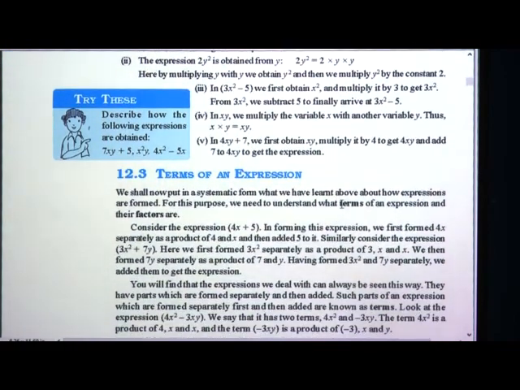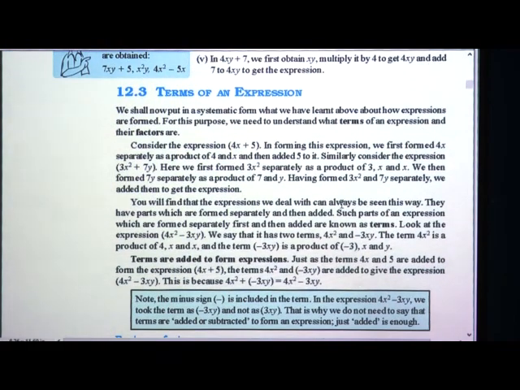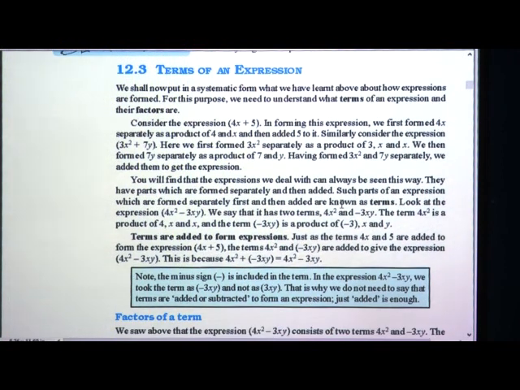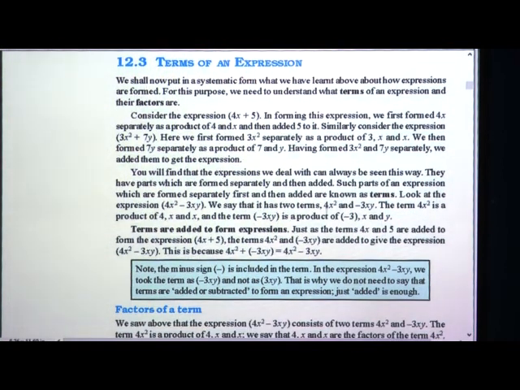Now we are going to learn something new, the terms of an expression. Now you know how to write an expression, and what a constant and a variable are. Now, what are the terms of an expression?